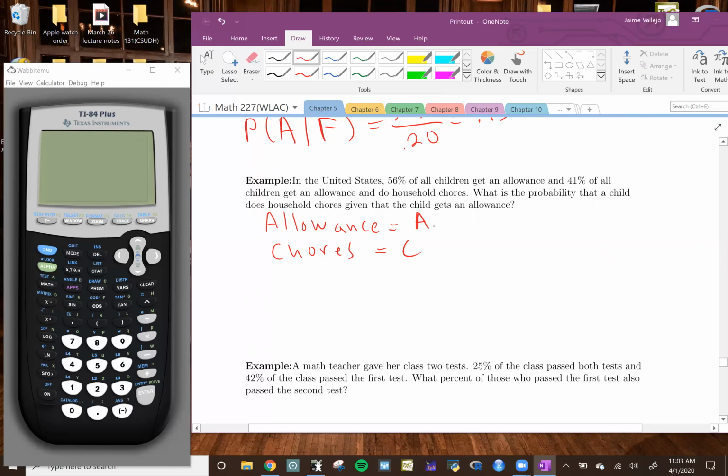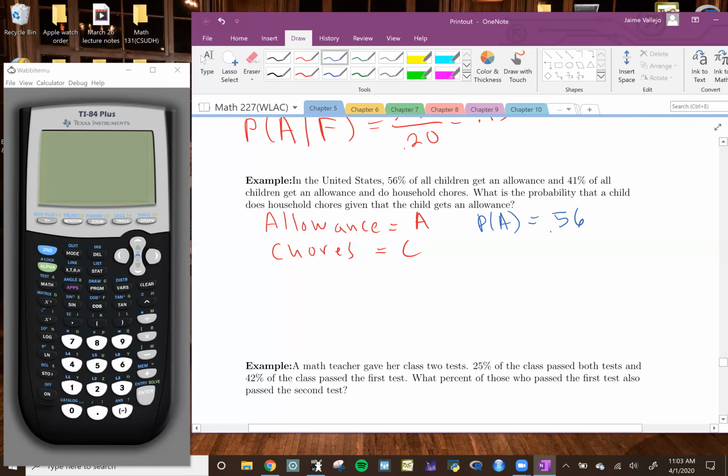If you look at the 56%, it is telling me all children get an allowance. So the probability they get an allowance is equal to 56%. Any questions in regard to the probability of allowance being 56% or 0.56? Cool.